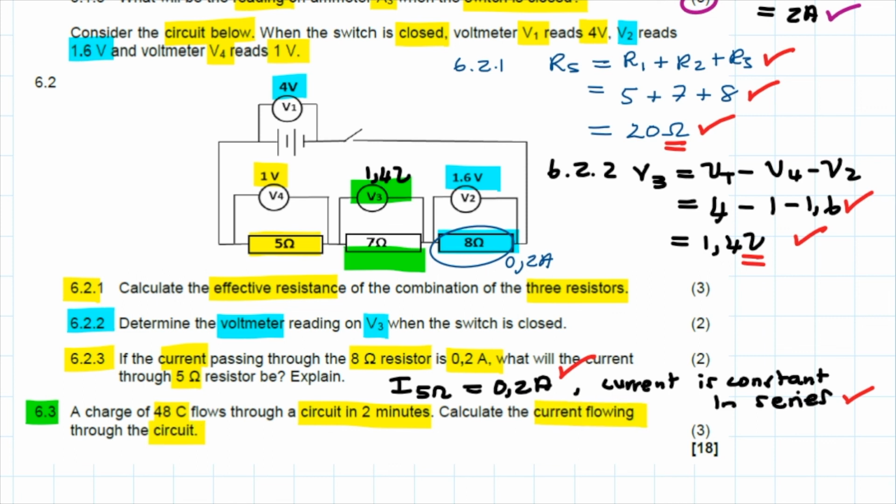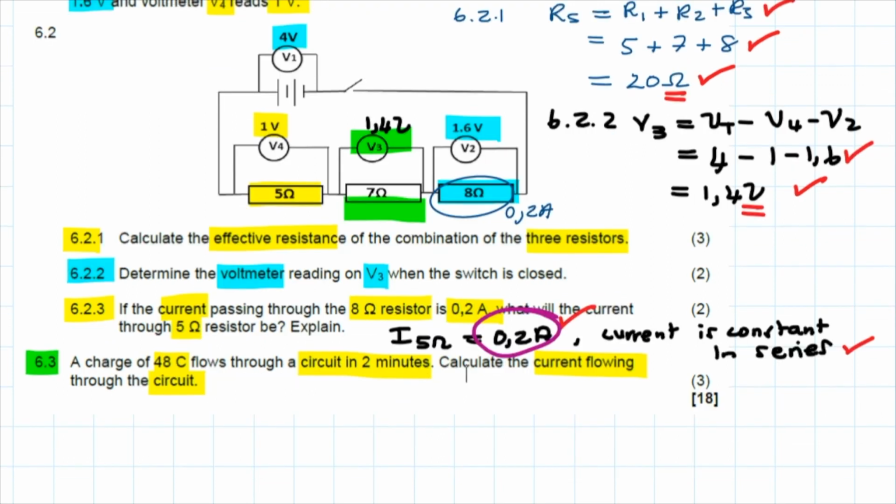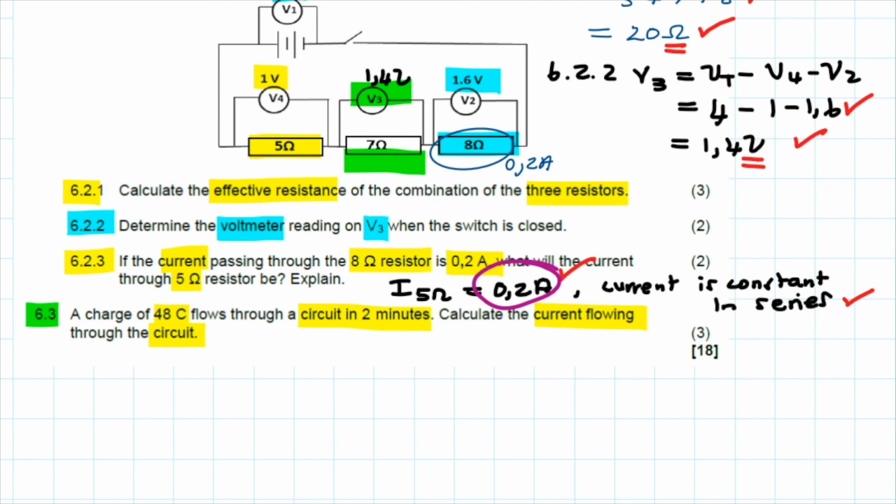This is of course assuming that we cannot assume that the current is 0,2 amperes like was given in question 6.2.3. So there's been a change over here. To calculate current, we can say current is equal to Q divided by time. The charge is 48 coulomb.